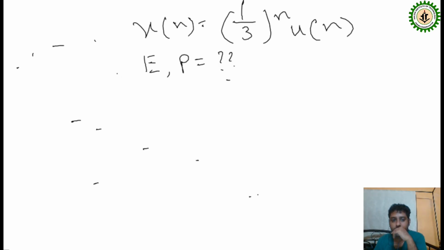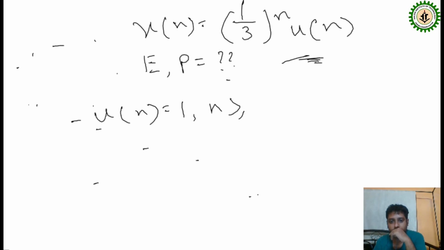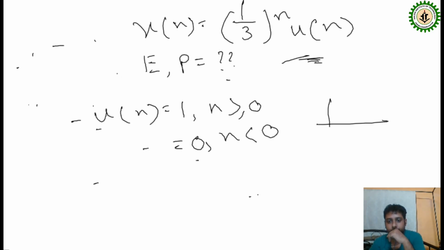Now first I will tell here in x[n] there is a unit step function multiplied. As we know, if we define the unit step function mathematically, we can write that u[n] is equal to 1 for n greater than or equal to 0 and is equal to 0 for n less than 0. That means if we represent the unit step function in t domain, u(t) versus t will look like this.